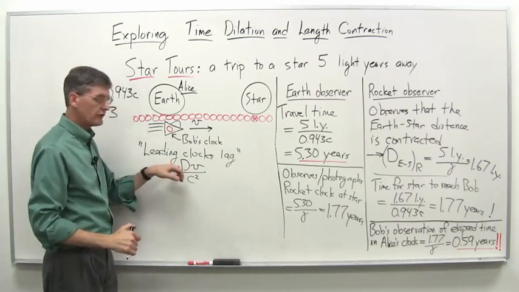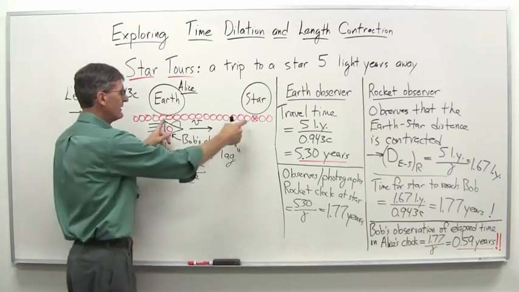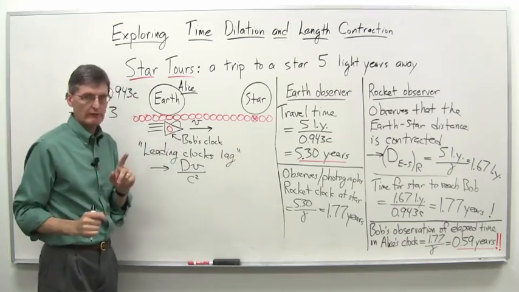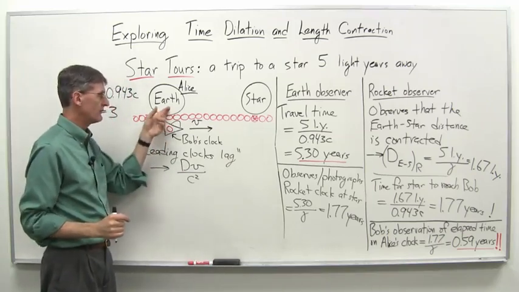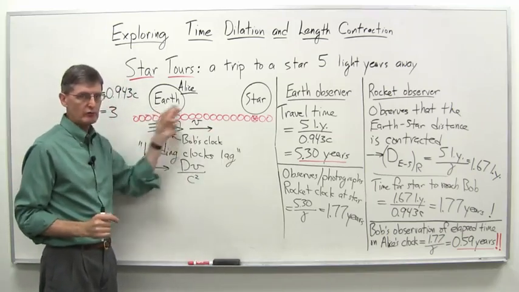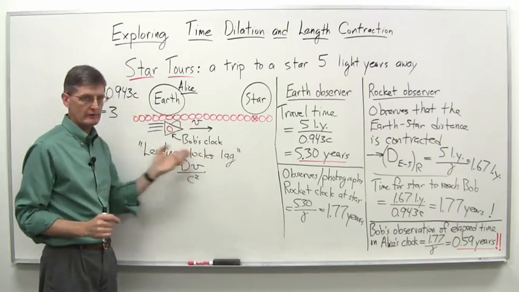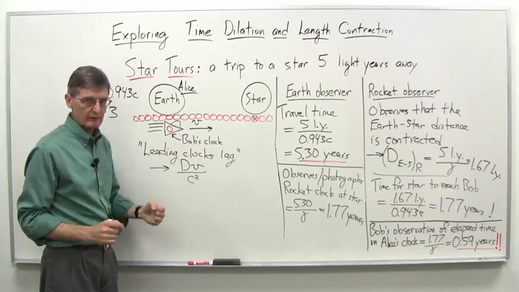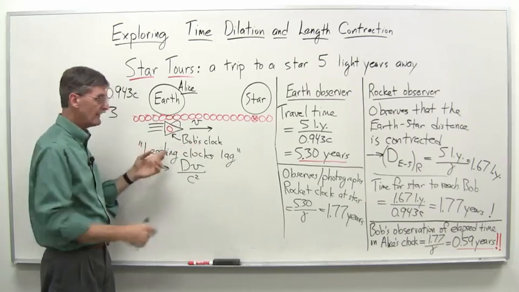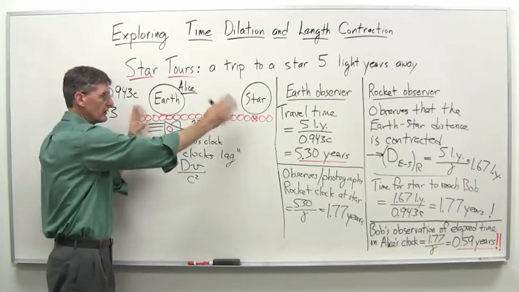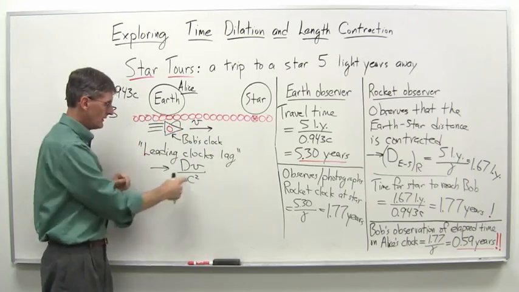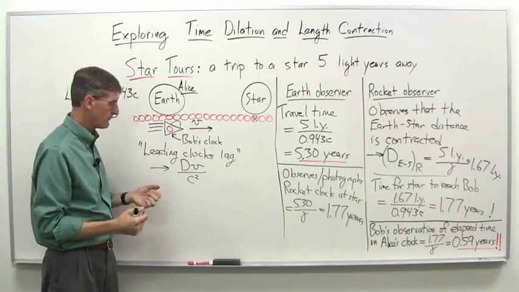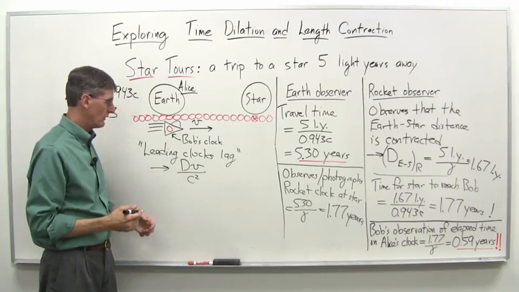The distance between them here is the distance in the moving frame of reference. So it's the distance that Alice sees between the two clocks, not the distance Bob sees between the two clocks. That's important because Bob's distance is contracted, as we saw, but it's the distance that Alice sees in the clock's frame of reference. V is the velocity between the two frames of reference, and of course, c squared here.